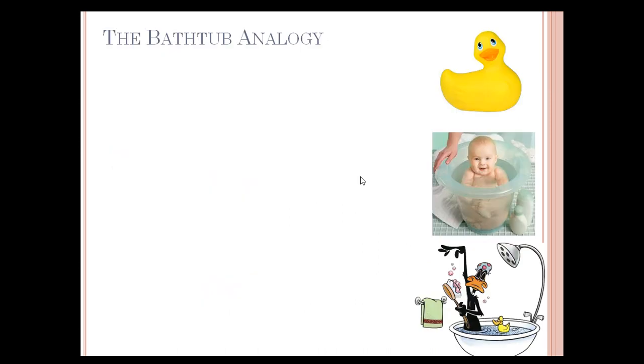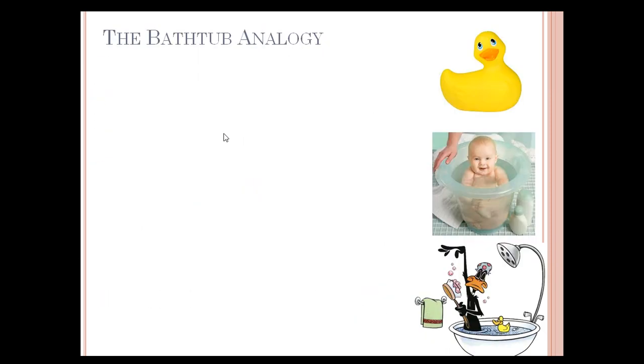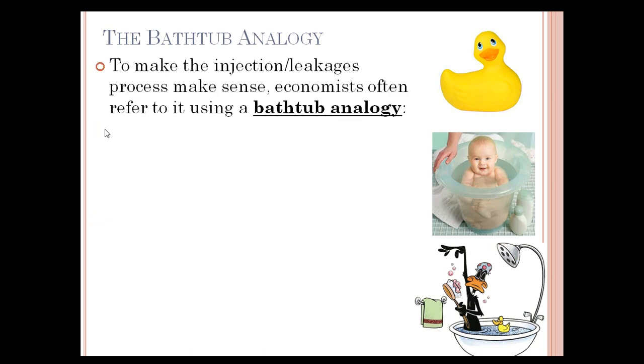What I do want to spend more time talking about today is how that idea of leakages and injections led to an analogy, a pretty simple but important one, that Keynes had for an economy. He said that the economy is like a bathtub, in that you want your tub to have enough water that you're comfortable, but not so much water that if somebody gets into that tub, it's going to spill over and create a whole range of challenges.